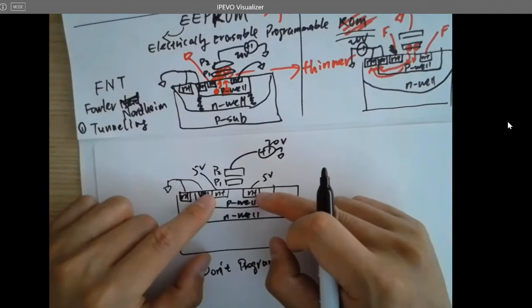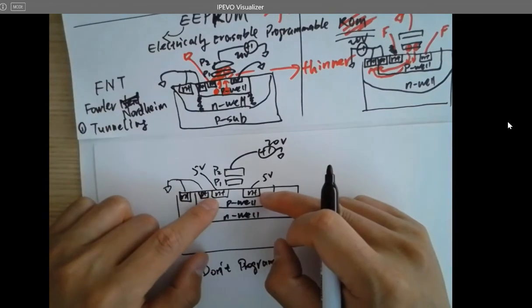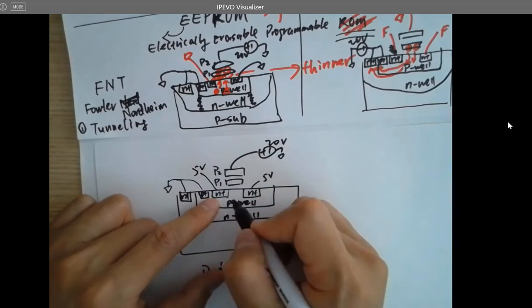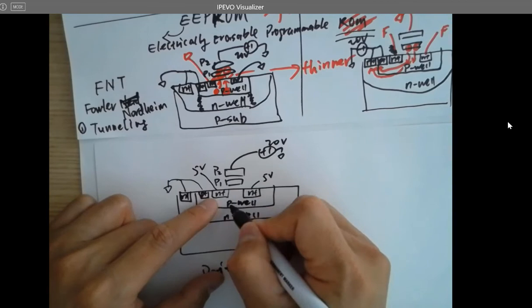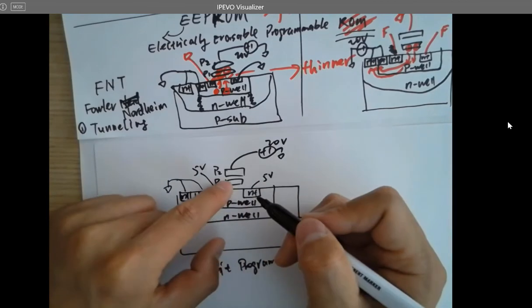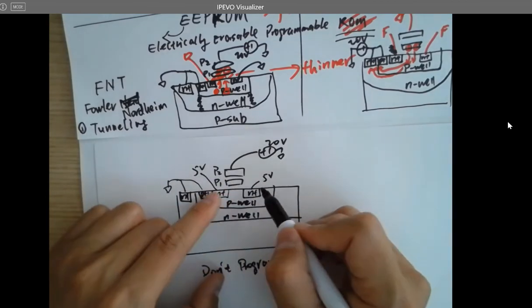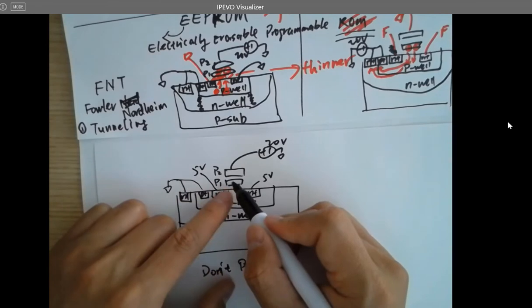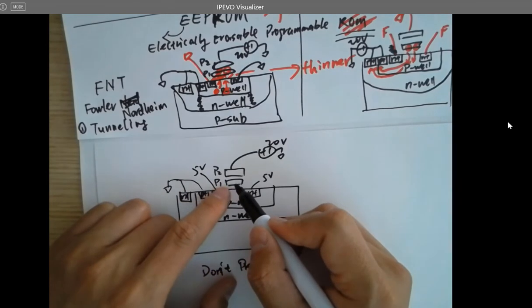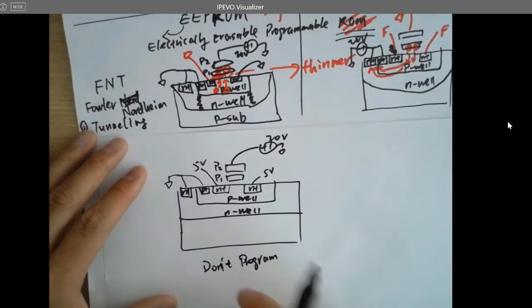You just give a little bit voltage to the drain and source at the same time. Then I think what's happening is that when the electrons are trying to be attracted to the P1, instead they are going to the 5 volts. So the electrons cannot get into here. Okay. So this is not programmed.